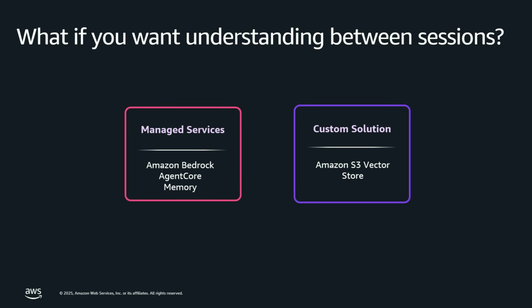So, Strands agent has two ways to keep the user ID chat history. We have a managed service, Amazon Bedrock Agent Core Memory. That is amazing. So you only have to invoke the Amazon Agent Core Memory inside your Strands agent.